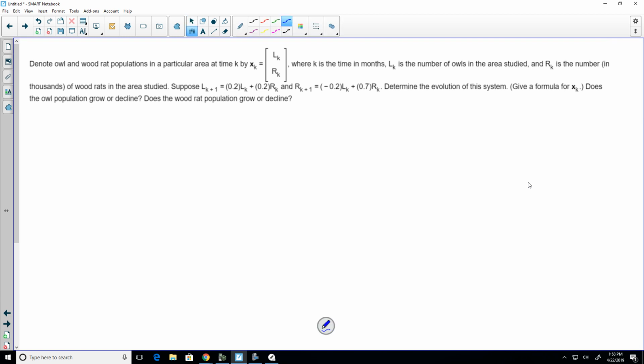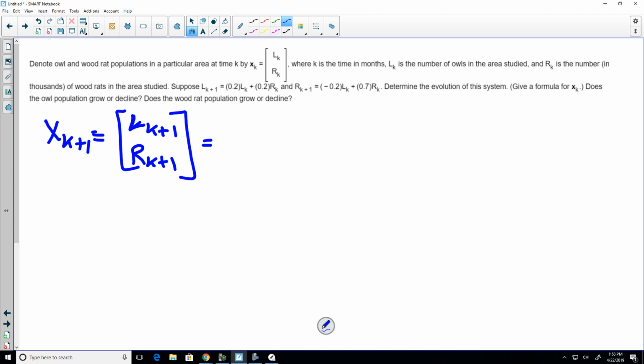So what this says is that x of k plus 1 would be L sub k plus 1, R sub k plus 1. And we know L sub k plus 1 is 0.2 L sub k plus 0.2 R sub k.